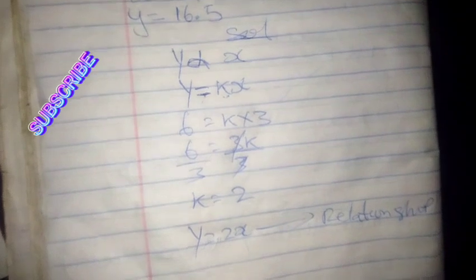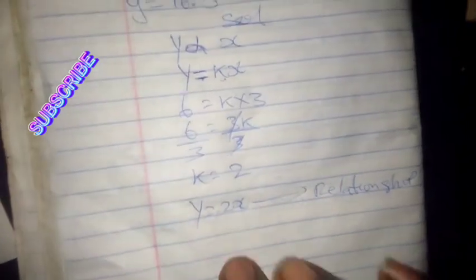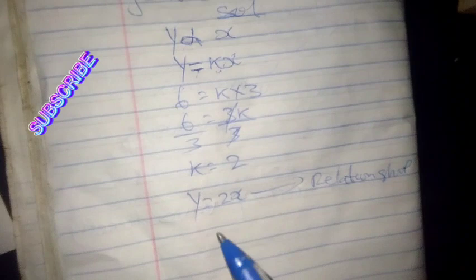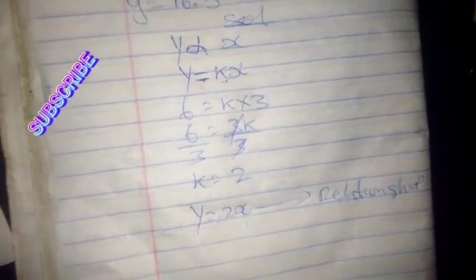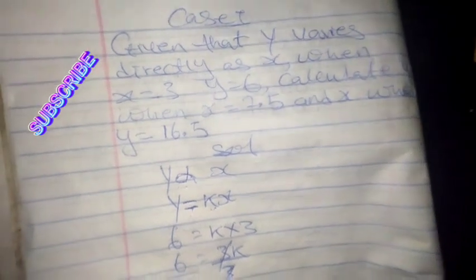You need to find your relationship before you can continue. Now the next part is to calculate y when x is 7.5.